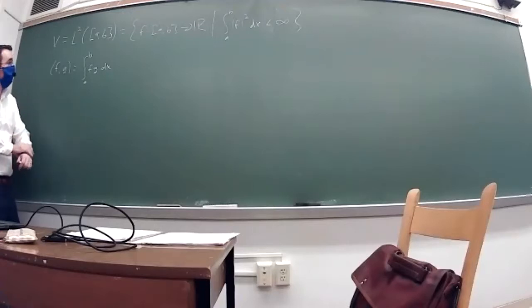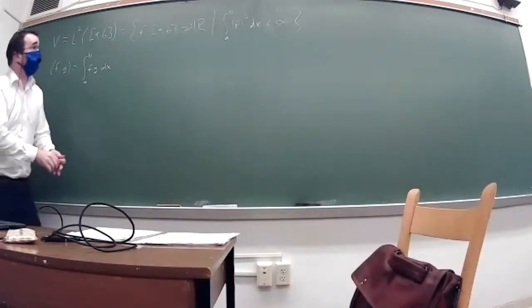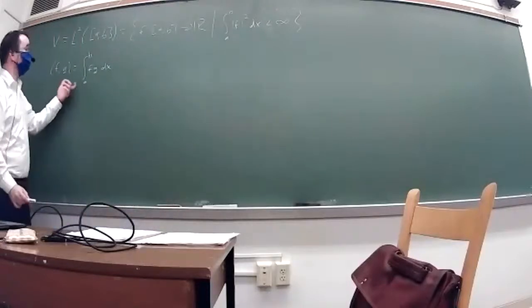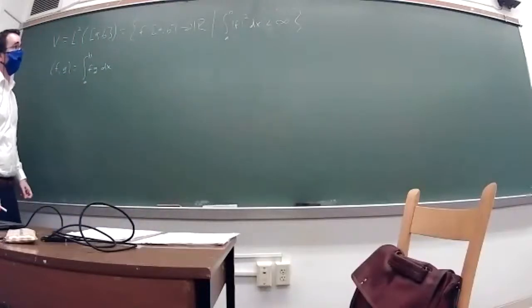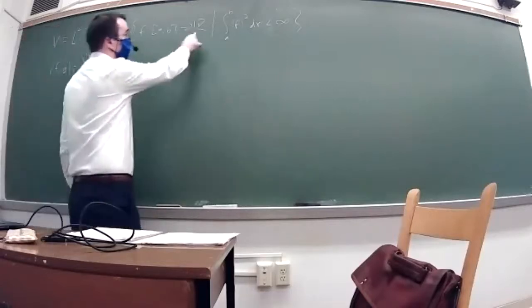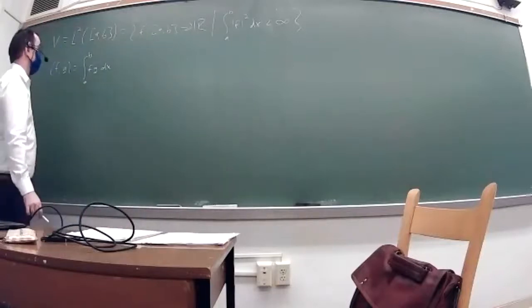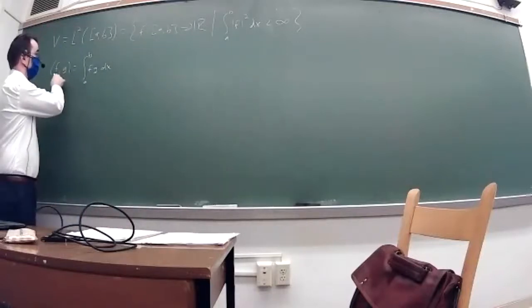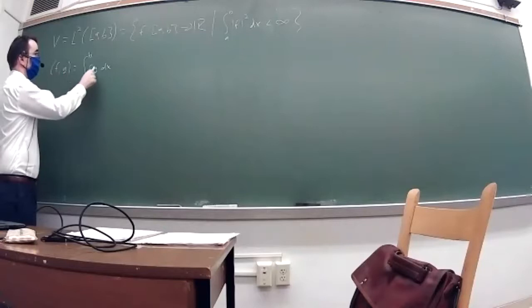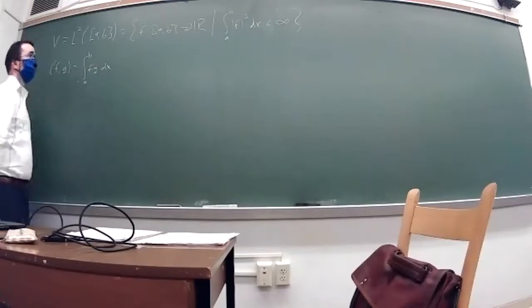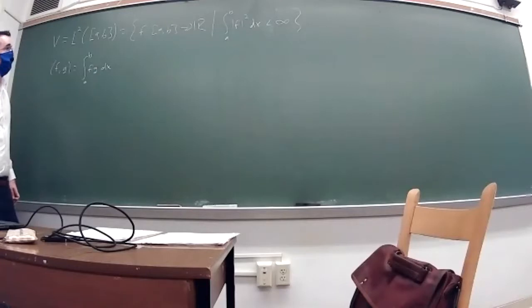For values other than 2, it's no longer true that this will give you an inner product on the space, interestingly enough. You can also do this for complex valued functions. This just becomes modulus, and then the inner product would be the integral of f times g bar, but there's no need to do that here, I don't think.